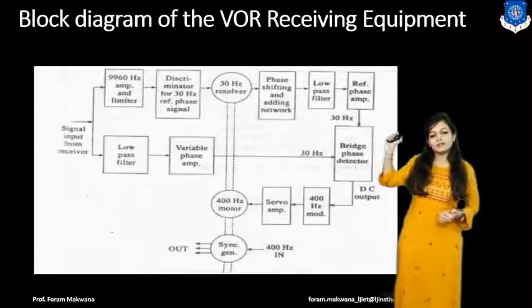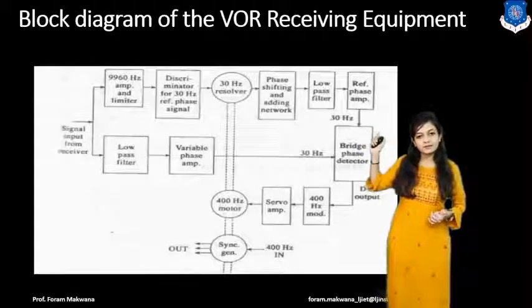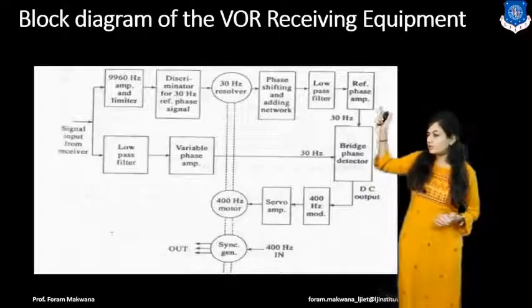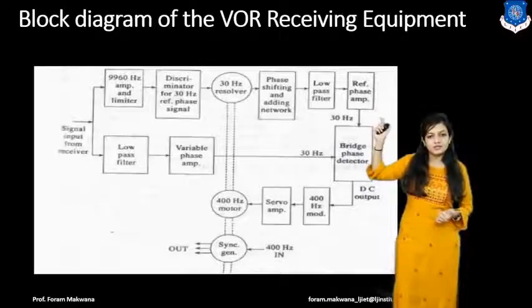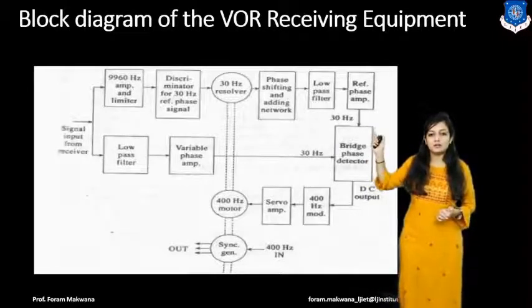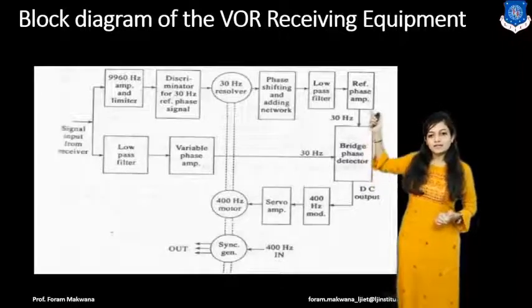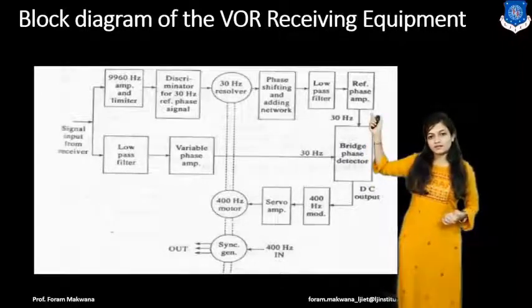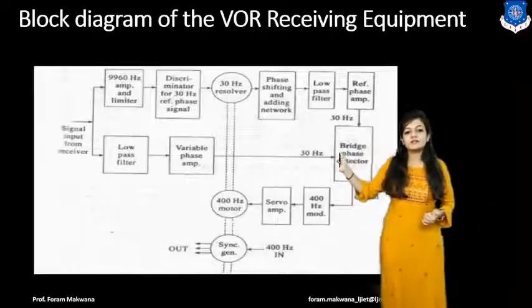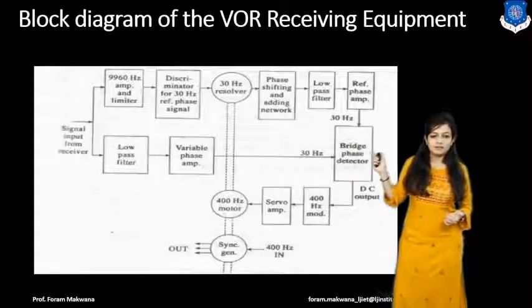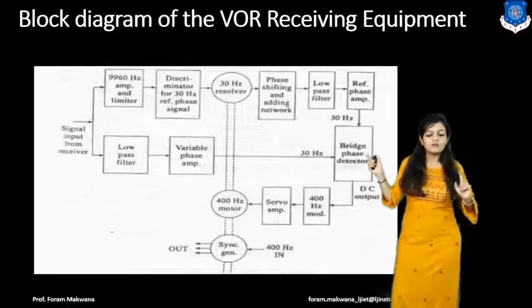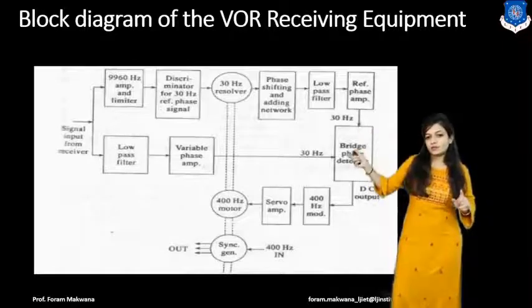Then it is filtered out with the help of a low pass filter. And again, we amplify the reference phase signal, which is 30 Hz. One signal comes from over here, which is the reference 30 Hz signal, and another comes from the variable phase amplifier, the variable 30 Hz. Over here fixed phase is there, over here variable phase is there of the 30 Hz signal.